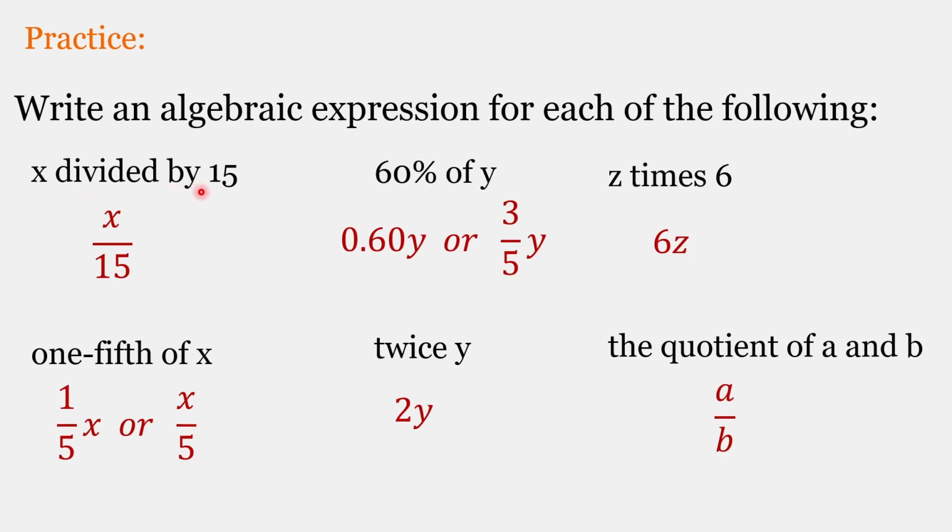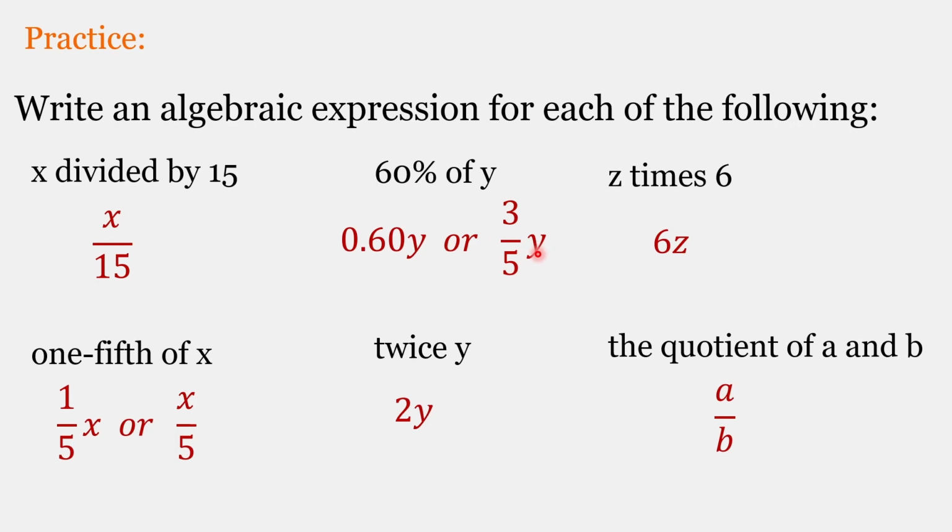So x divided by 15 is x divided by 15. 60% of y, we can write this as a decimal. So 60% is the same as 0.60 in decimal form. So 0.6y. 60% is 60 over 100, which simplifies down to 3/5.